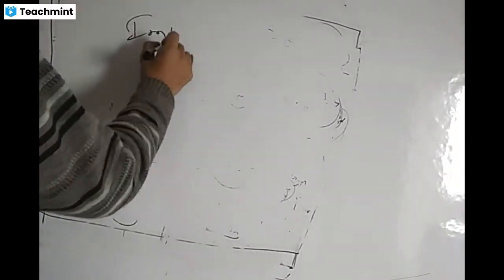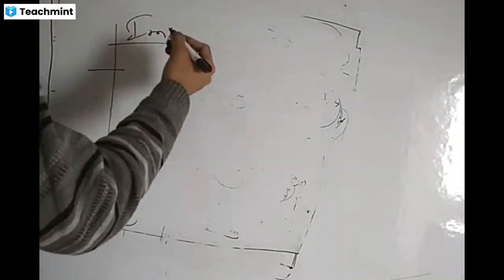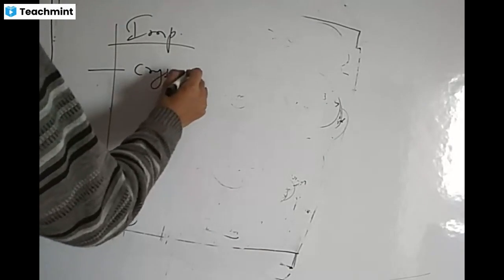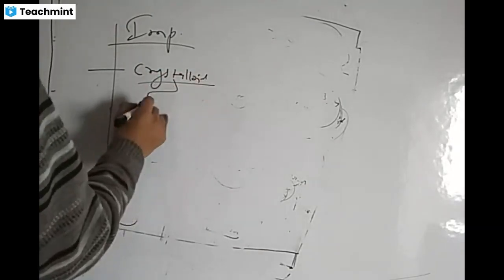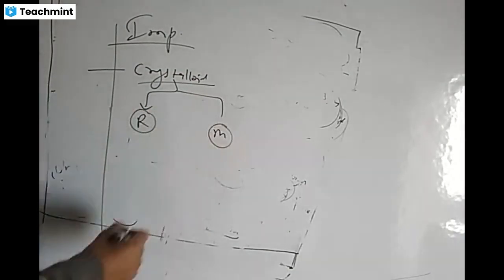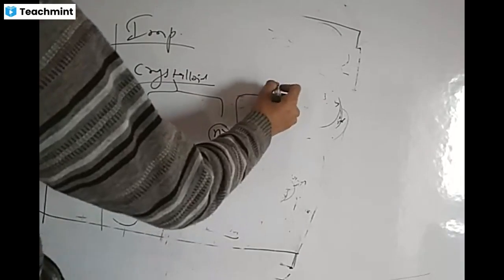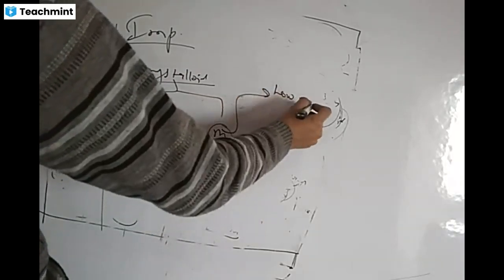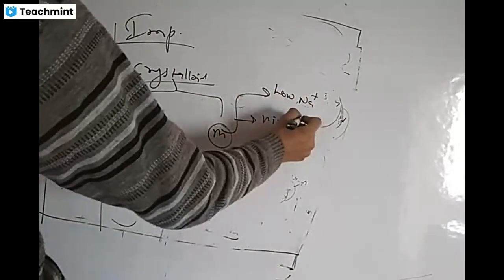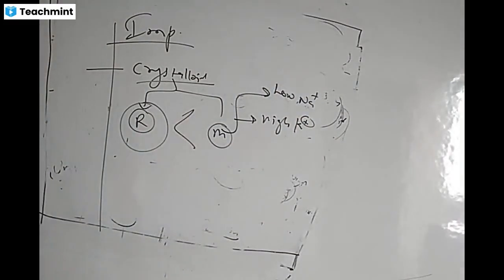Then some important points from the fluid therapy. Crystalloids, as I told you, are of two types: replacement and maintenance. The maintenance type of crystalloid fluid has low sodium but high potassium compared to replacement crystalloid.